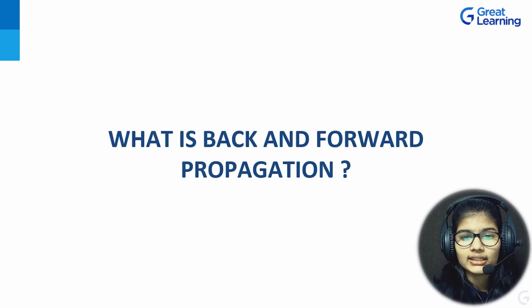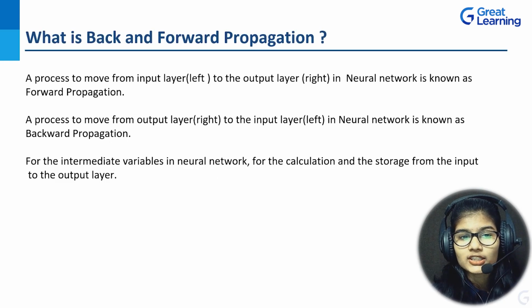Next, what are back and forward propagation? We saw that forward propagation is the process of moving from the input layer to the output layer in neural networks. Moving from the input layer on the left to the output layer on the right is known as forward propagation.